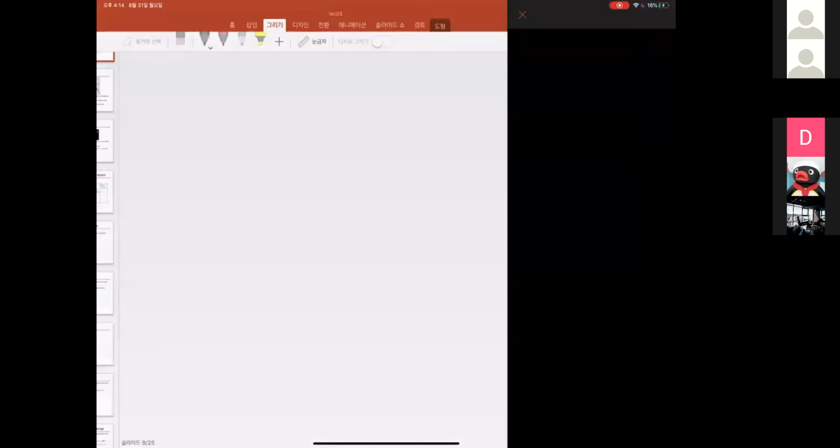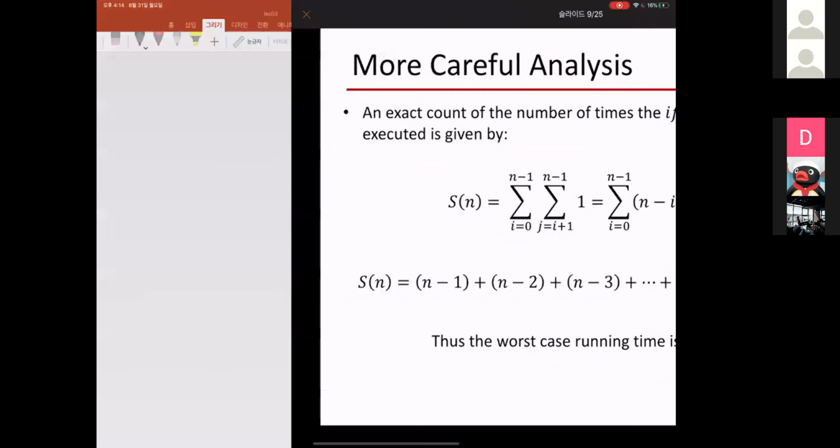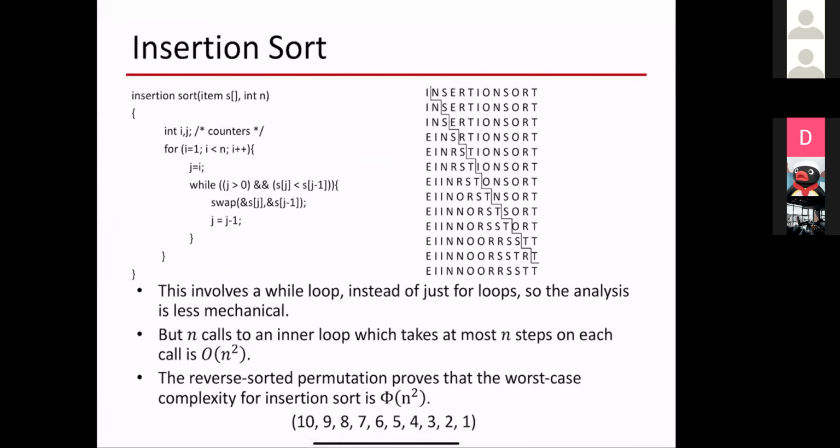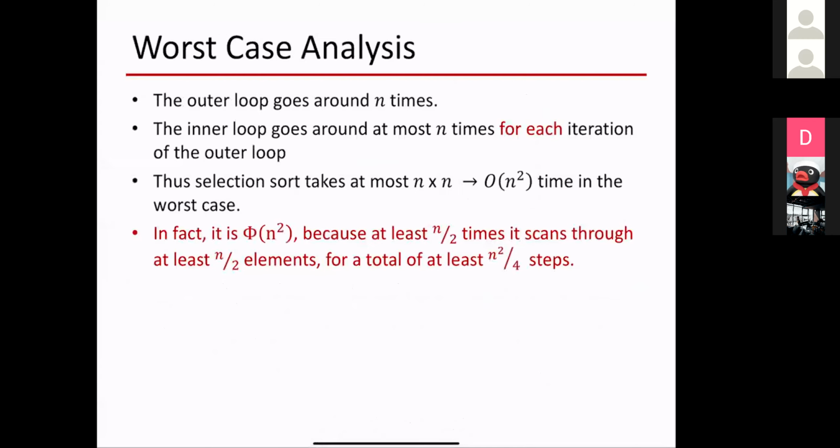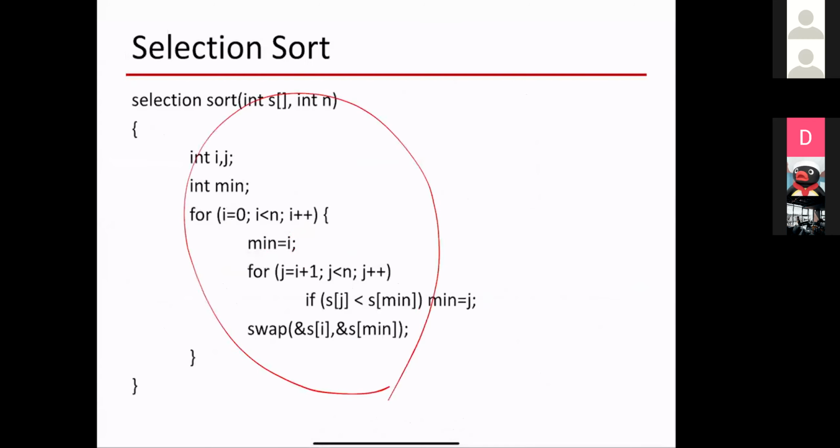Okay, so now we understand what a selection sort is and how we analyze a selection sort. By looking at this code, you can draw it in your brain. So the upper bound is n squared.